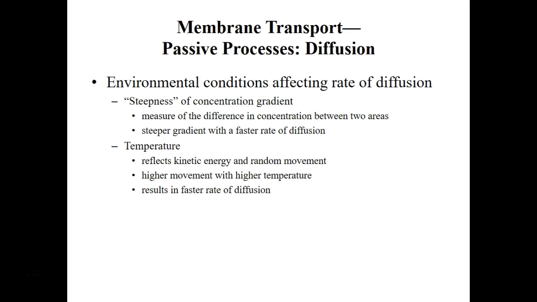You're almost at equilibrium now. But if you have like 1,000 sodium ions on one side, and on the other side you have 2 sodium ions, sodium is going to move very rapidly across that plasma membrane from higher to lower concentration until equilibrium is met.